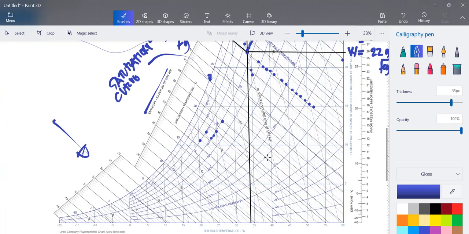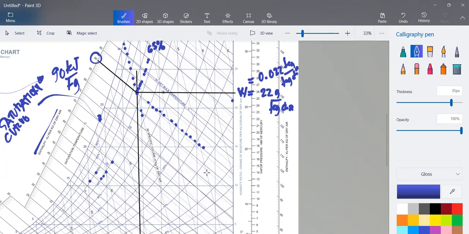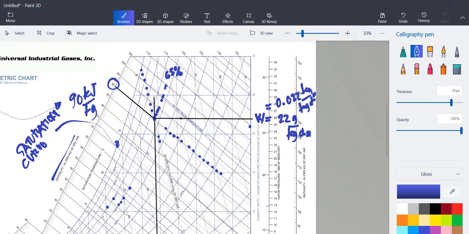Okay, so that is how we are going to use the psychrometric chart. And also you will notice here, going here, we have also the enthalpy. So it is the same, no? It just passes through from here to here.